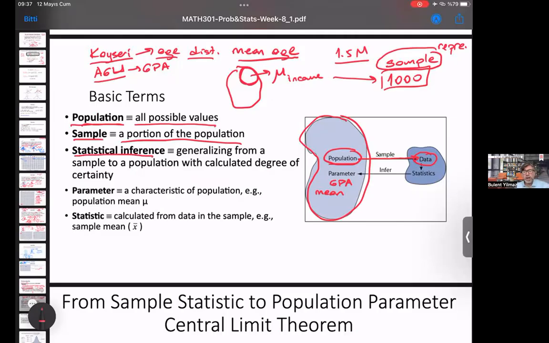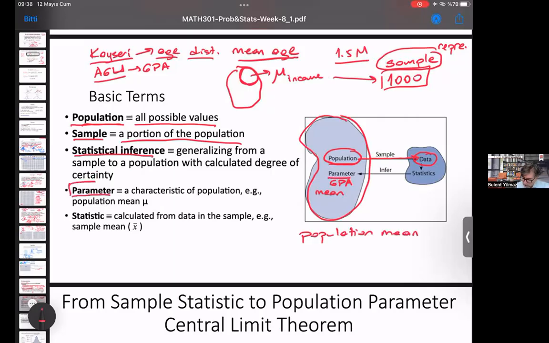I'm going to try to find out what's the mean GPA of AGÜ students, what's the mean income of the people living in this neighborhood, what's the mean or variance of this value. The parameter is something related to the population. Population mean, for example, is a parameter.